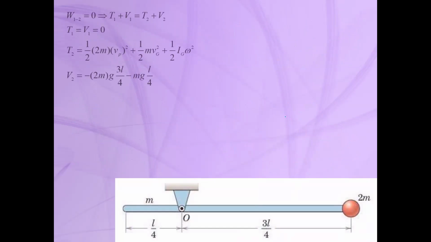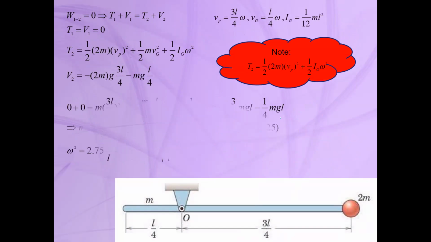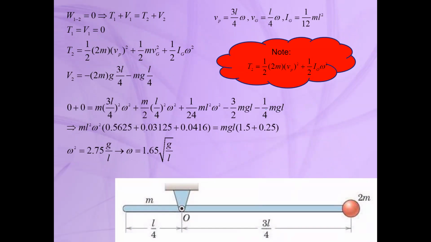So you can substitute and simplify, and finally you can obtain the angular velocity. We will have mL squared in all of the terms, which you can cancel out with mgL on the right hand side, and you will have omega squared equal to this term.